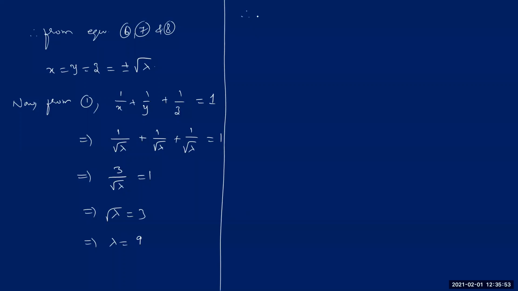So therefore, we can write x is equal to y is equal to z is equal to plus or minus root 9. I've just substituted the value of lambda as 9. Right? Now see, from this, we can write the stationary points. So once you can take plus 3, root 9 is plus or minus 3, you know.